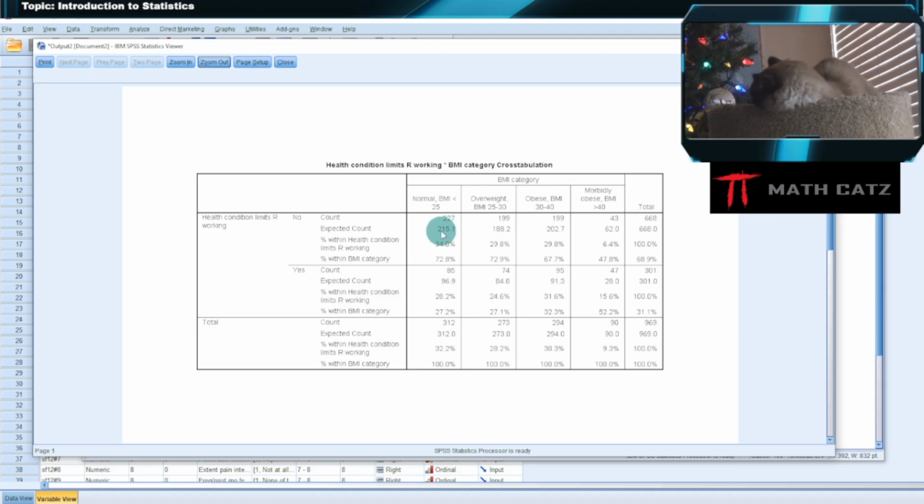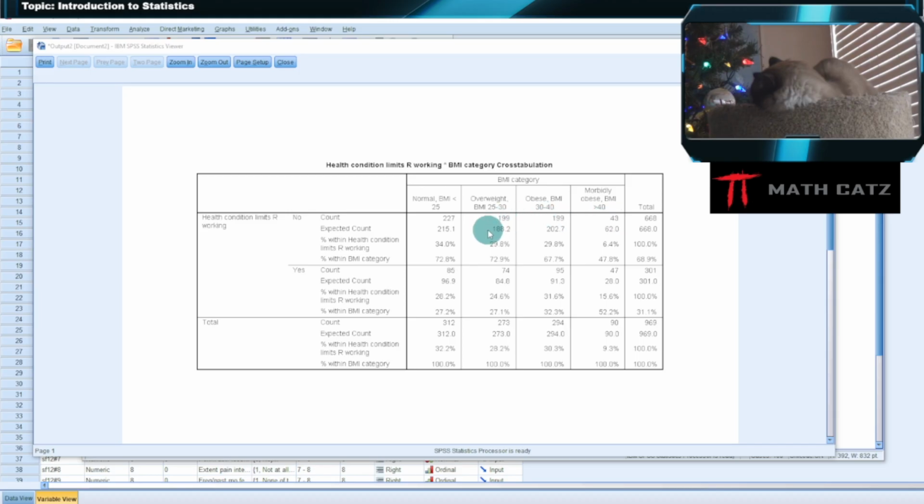I expect to be in the no group, and 31.1% of that column total I expect to be in the yes group, and so on. That roughly 2-to-1 ratio is what I expect the split to be in the overweight group, as well as obese, as well as morbidly obese.